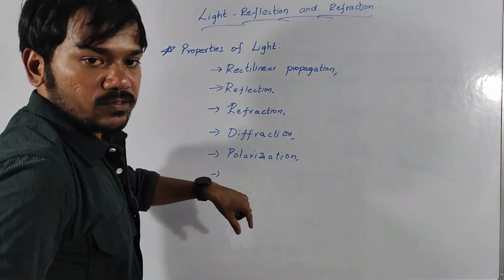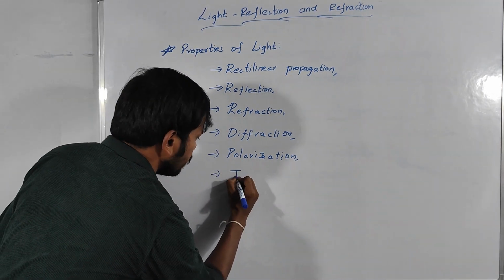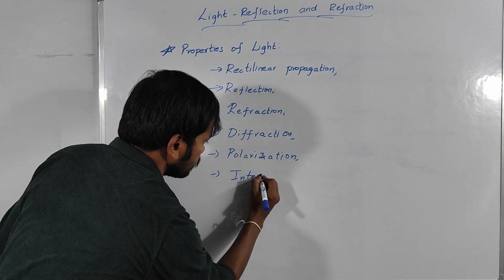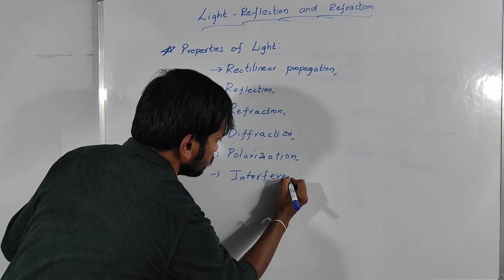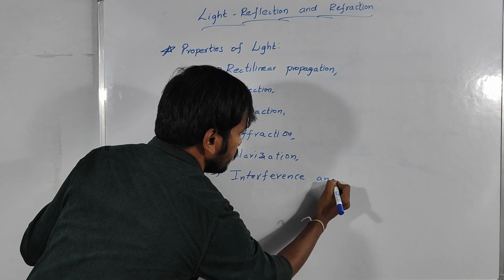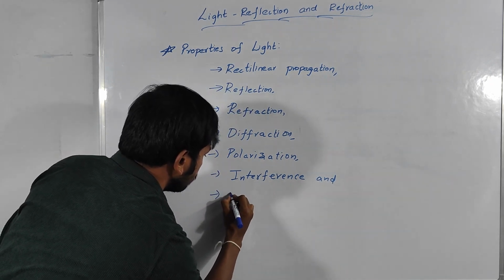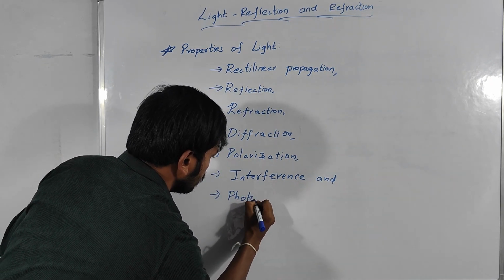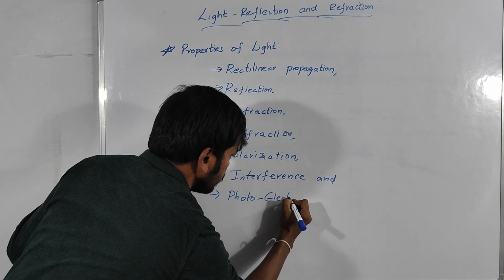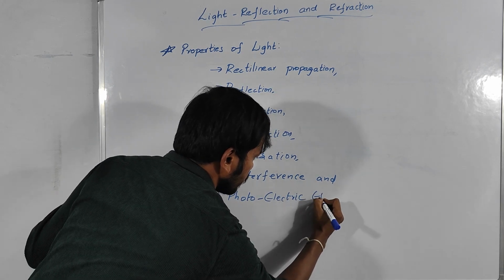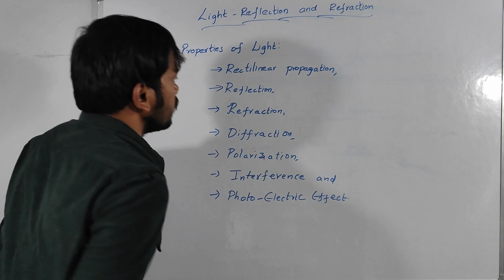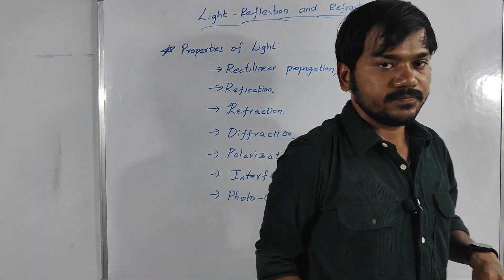One, two, three, four, five. The sixth one is interference. And last but not the least, photoelectric effect. So these are all the 7 properties of light.